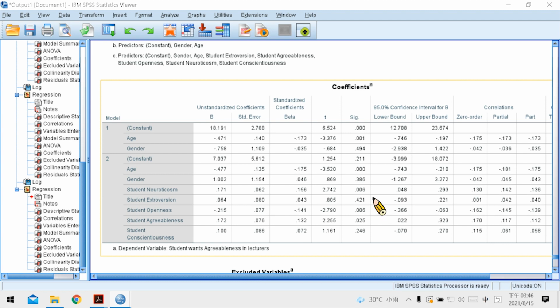So you see the significant variables are the student age, student neutrality, openness, and student agreement.